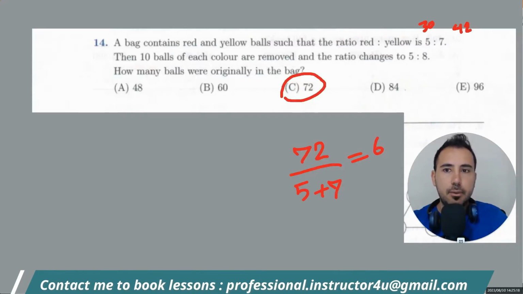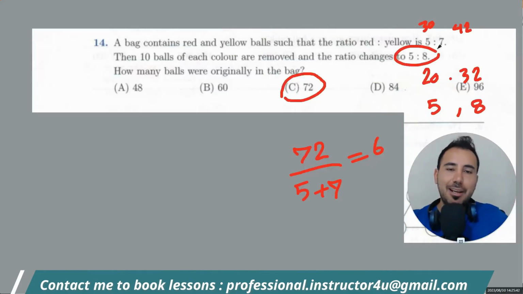Now it says 10 are removed from both sides, so it will be 20 and 32 after I remove 10 from each of them. So let's simplify both of them by 4. This would be 5 and this will be 8, which is the answer. There you go. So I just really guessed it right away.